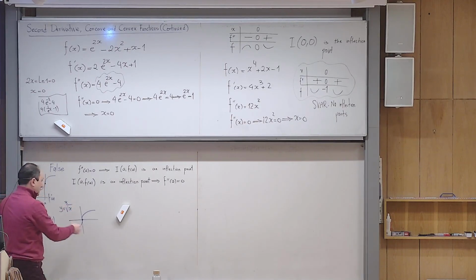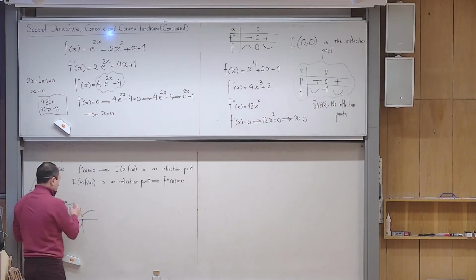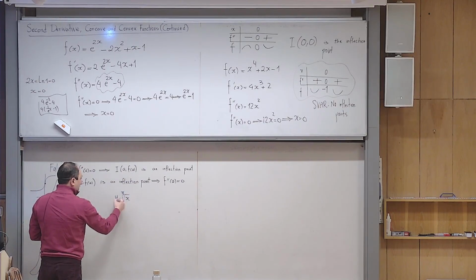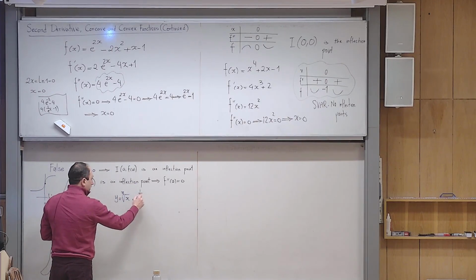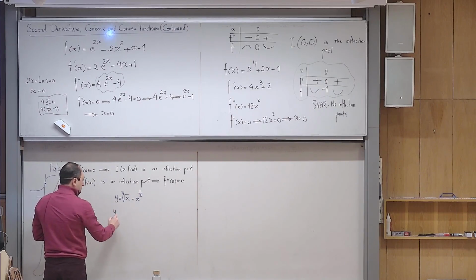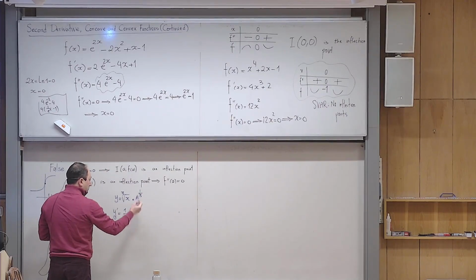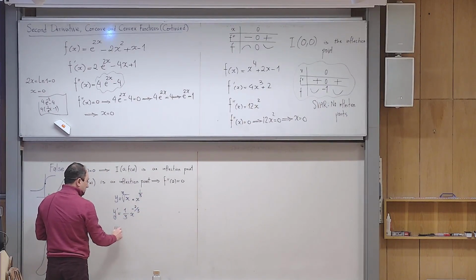We can confirm that, by the way. It is at the level of your book. If I give you y equals the third root of x and I ask you to find y double prime, the first thing that you do is to write this, and then you do it once: 1 over 3 goes down, and 1 over 3 minus 1 becomes minus 2 over 3, and I can do it once more.